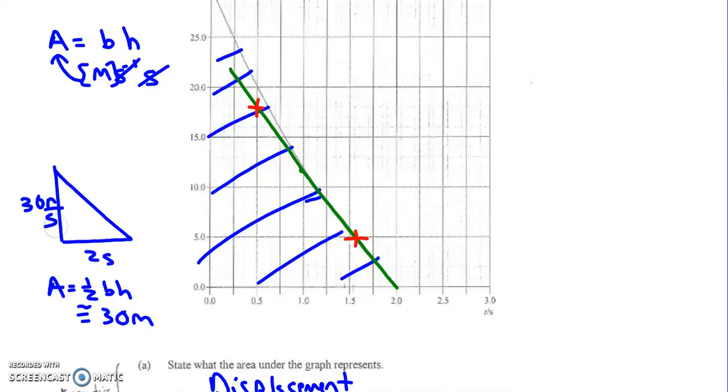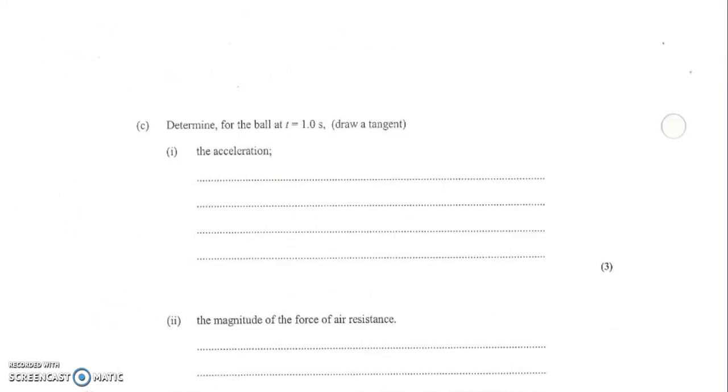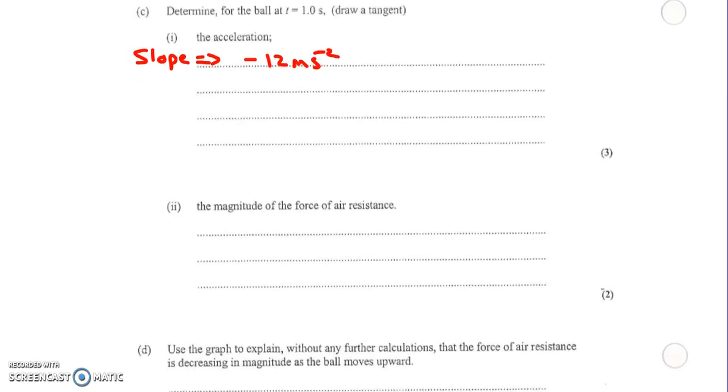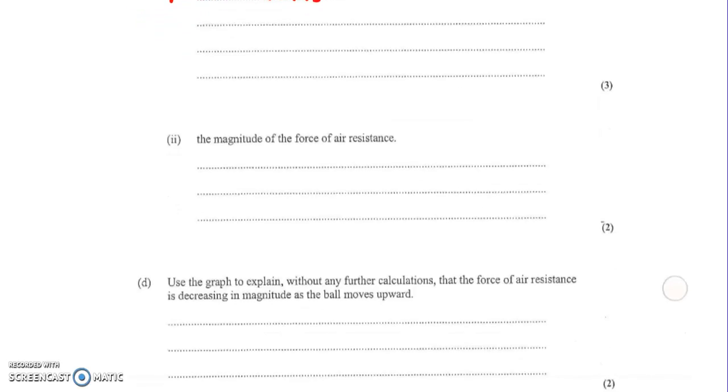When I went through this, what I found was an acceleration of minus 12 meters per second squared. Try this on your own and compare it. If it's within 1 meter per second squared of that, that would be appropriate.